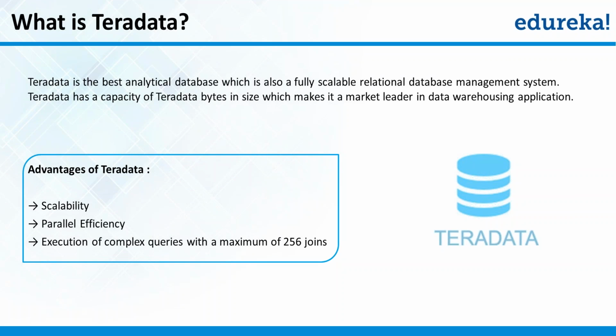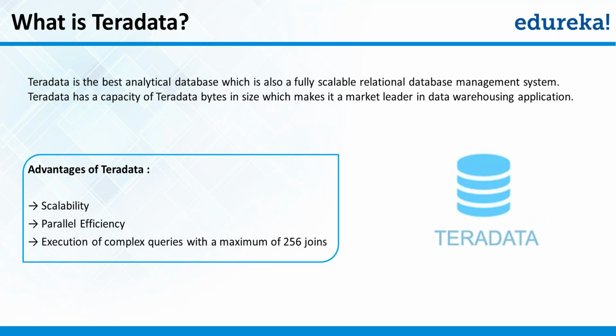Okay, all right. So as you can see here, it's the best analytical database, which is scalable, and it follows all the ACID properties. So Teradata is atomic, it's consistent, it allows you to do isolation, and the data that is stored is durable. Okay, so it follows all the ACID properties of the RDBMS.